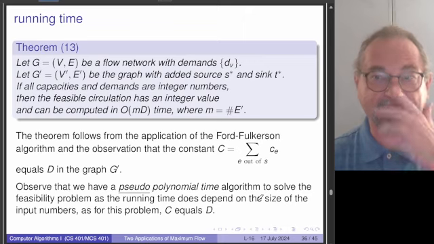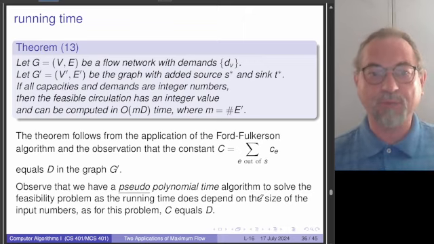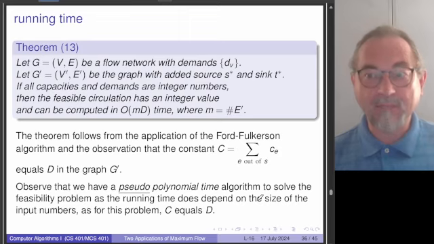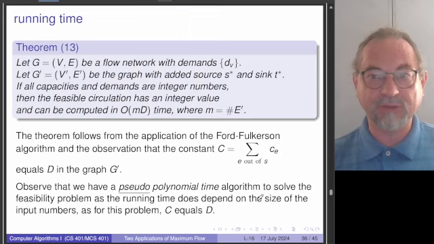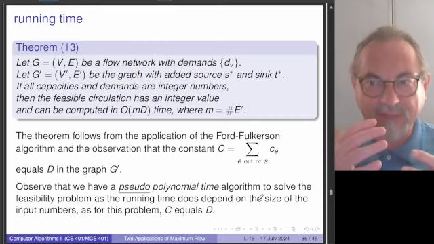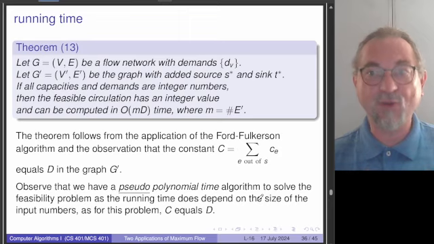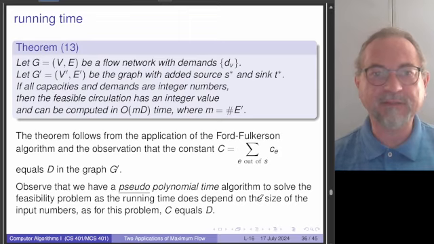And we stated that this is a pseudo polynomial time algorithm. It might be useful to look at the optimizations we then considered, where we were working with a scaling algorithm, and what that scaling parameter delta would actually mean in this setting.